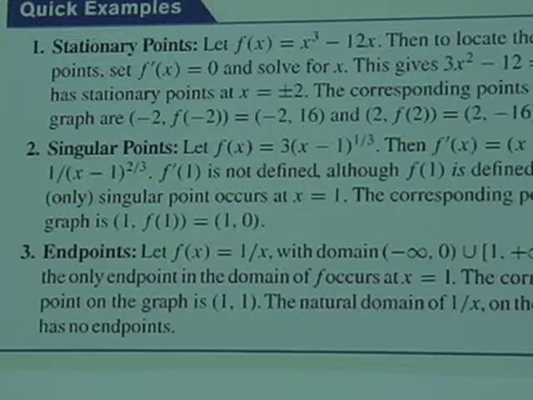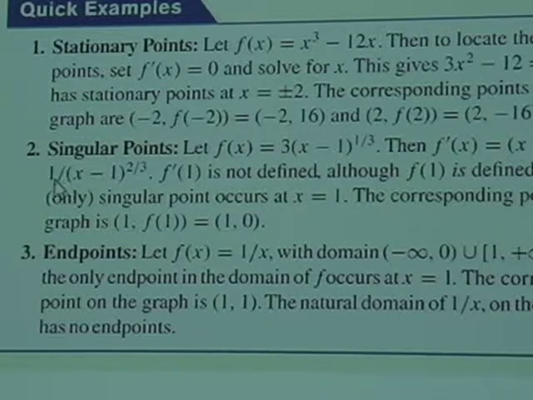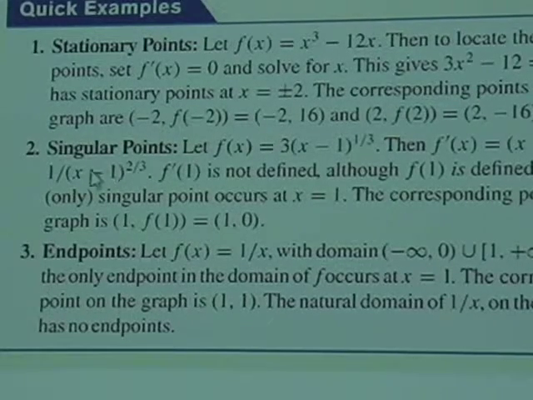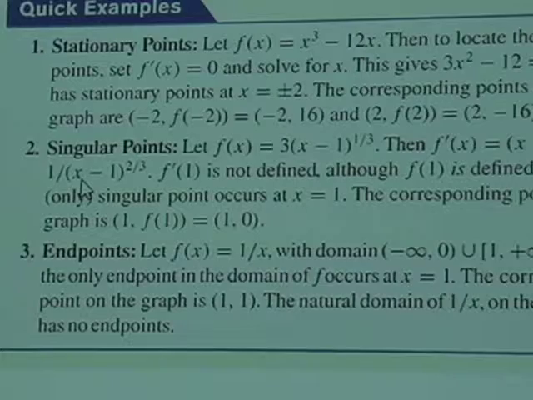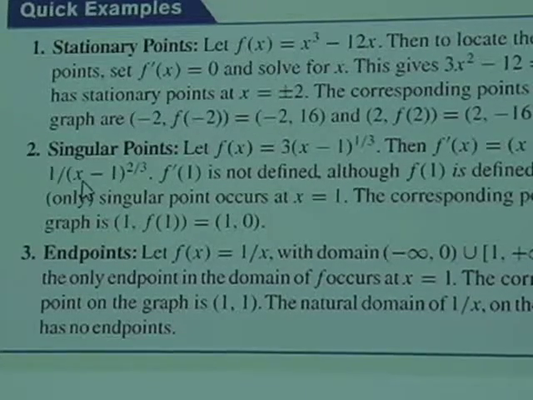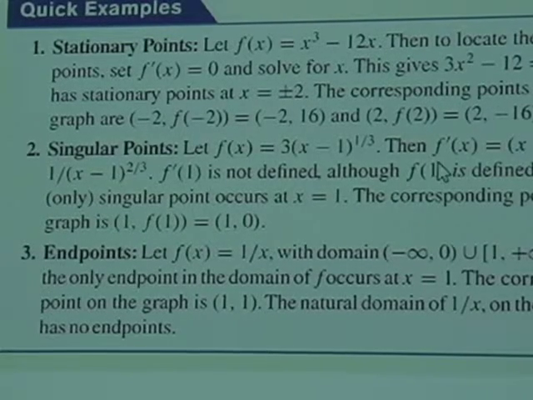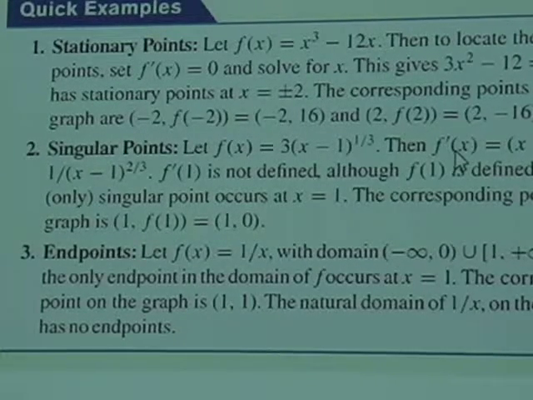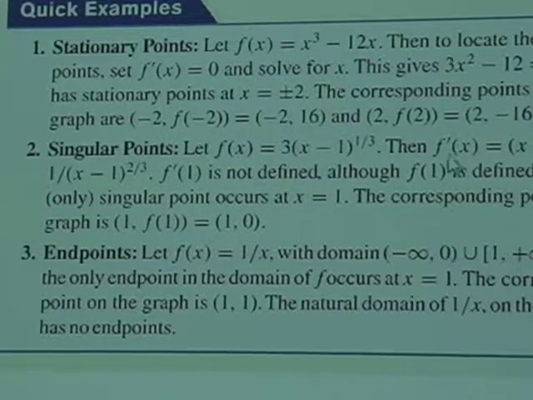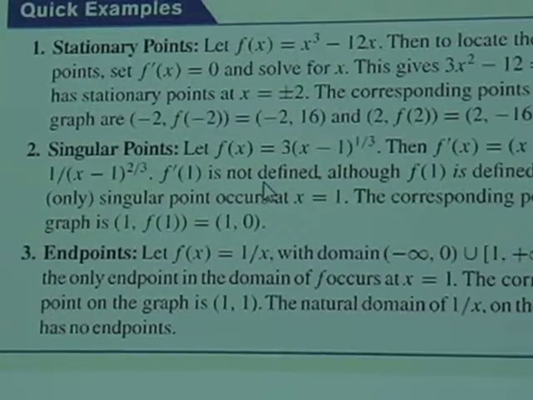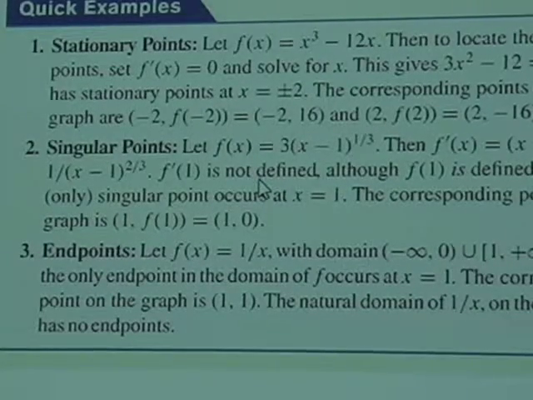Because this has a negative exponent, we have to put this in the denominator. So what does that mean? When x equals 1, what happens? It's not defined. This is the formula for the derivative, so the derivative is not defined when x equals 1. f prime of 1 is not defined. What do we call a place where the derivative is not defined?